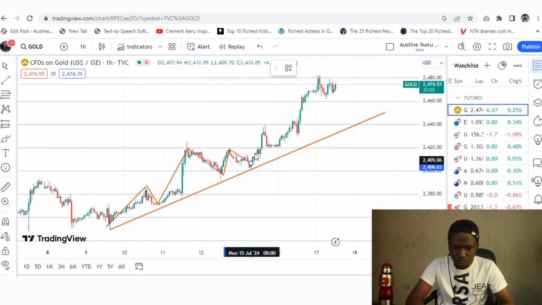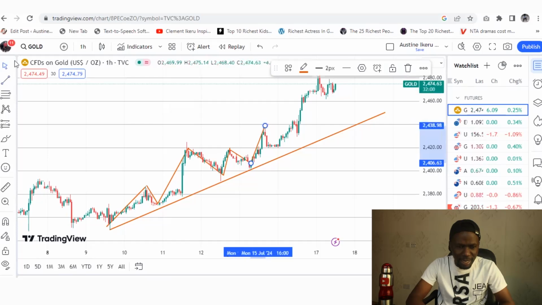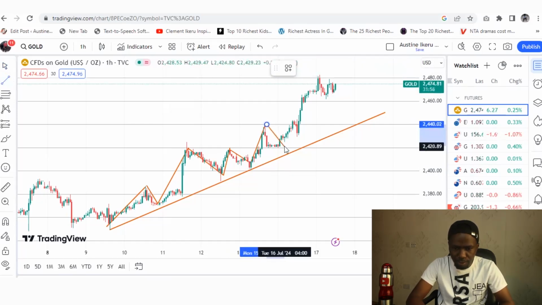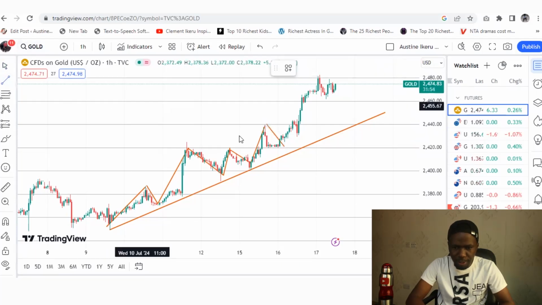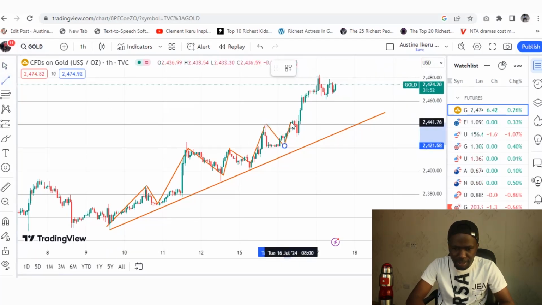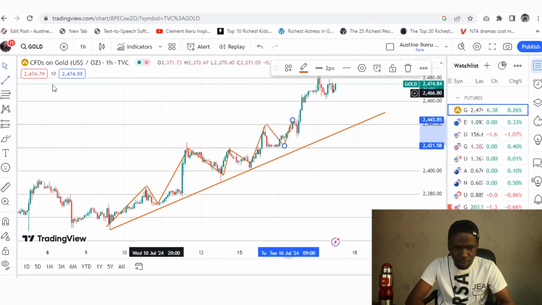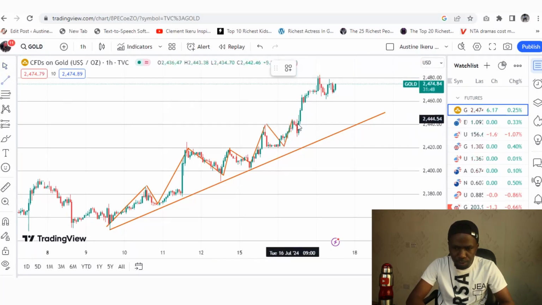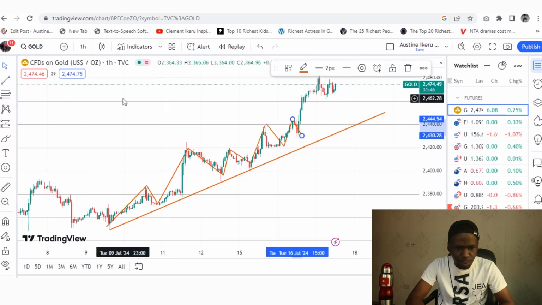So once you have confirmed that the market is clearly in an uptrend, you should be looking to buy from the lows. That is where you should be looking to buy because the market is clearly in an uptrend. Your target should be from the lows.